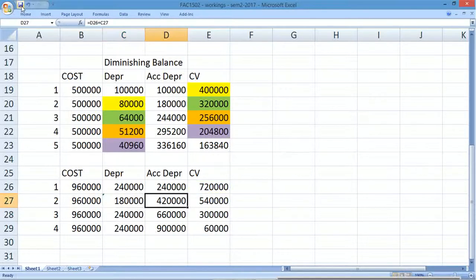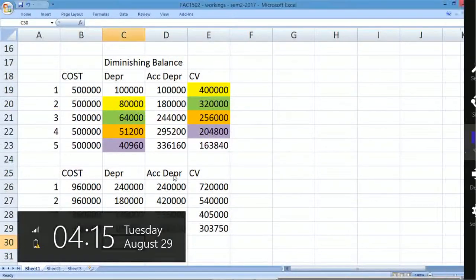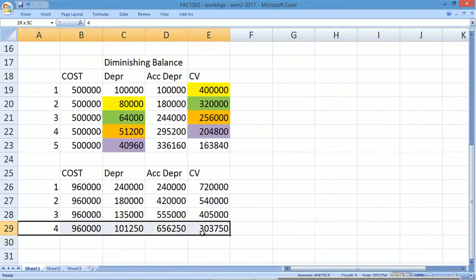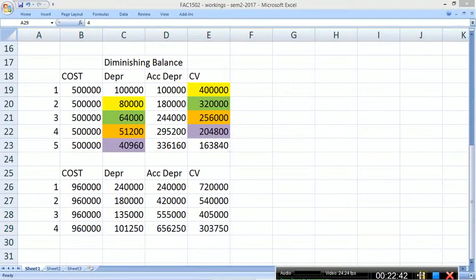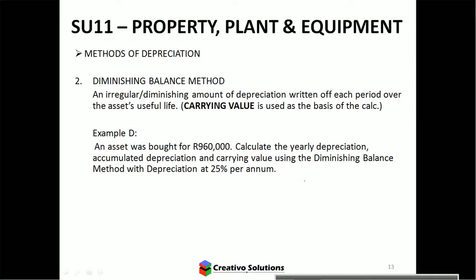Okay, so that's basically what I'm going to be getting. Right, so that's what you would get for this question, diminishing balance.